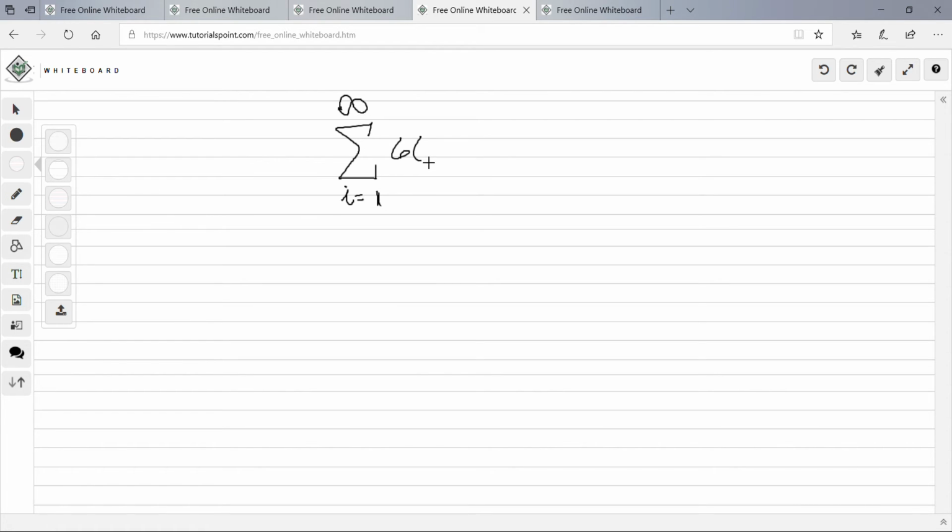So 6 times 0.1, raised to the i, not times. So first we've got to find the common ratio. But to find the common ratio, we've got to find the first term. So the first term is 6 times 0.1 raised to the first power. That gives us 0.6.